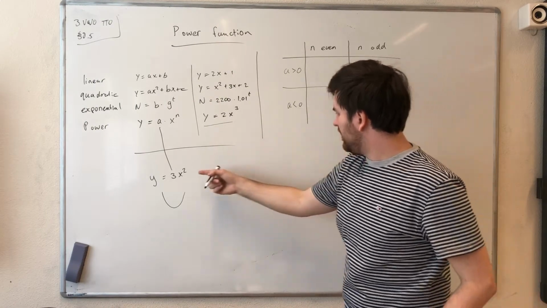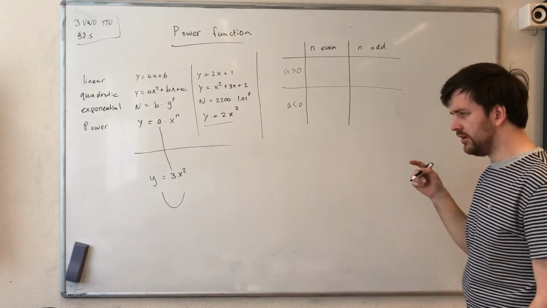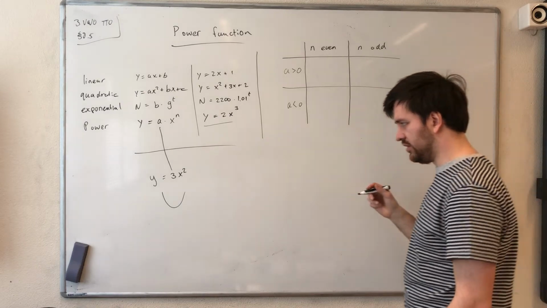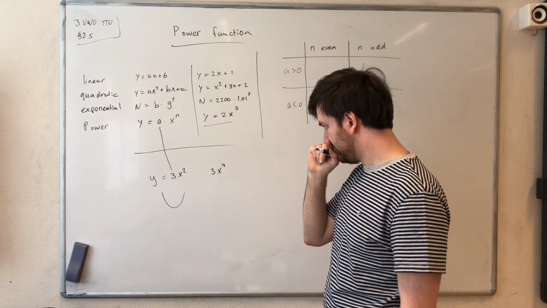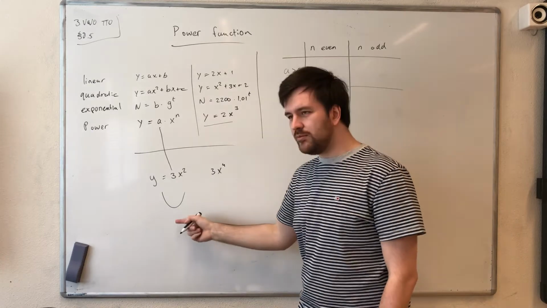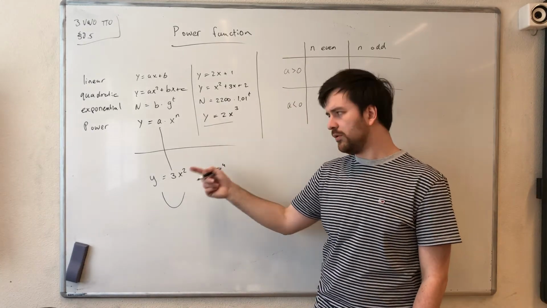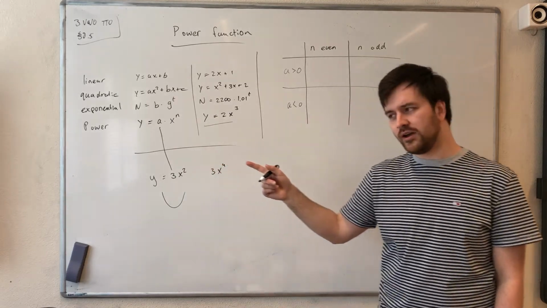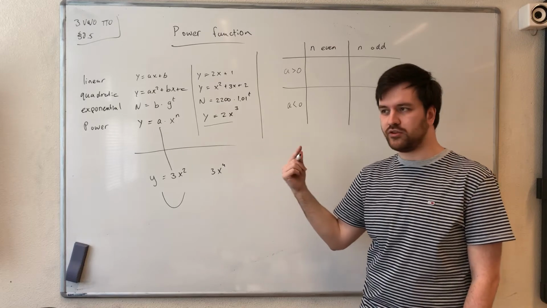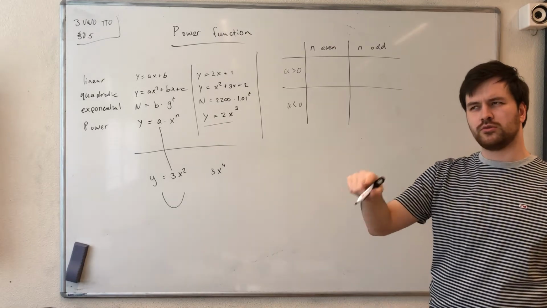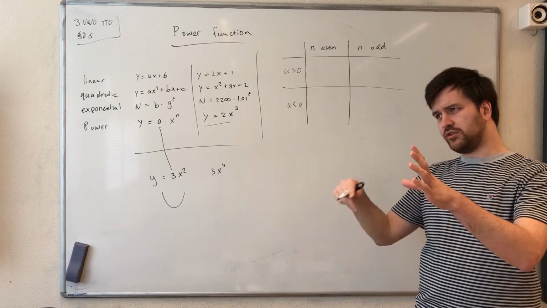So for x squared, this is a parabola. But what if you have, for example, 3x to the power of 4? The reason that this became a parabola was basically because all the negative numbers became positive due to the square. If you fill in a negative number over here, for example, minus 2, then minus 2 to the power of 4 is minus 2 times minus 2 times minus 2 times minus 2.